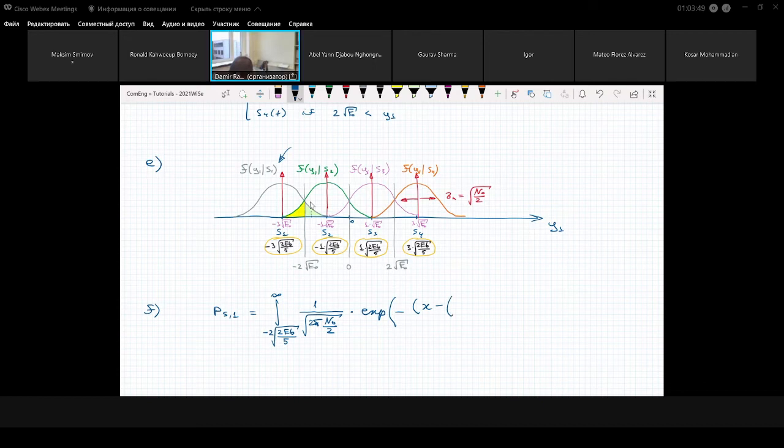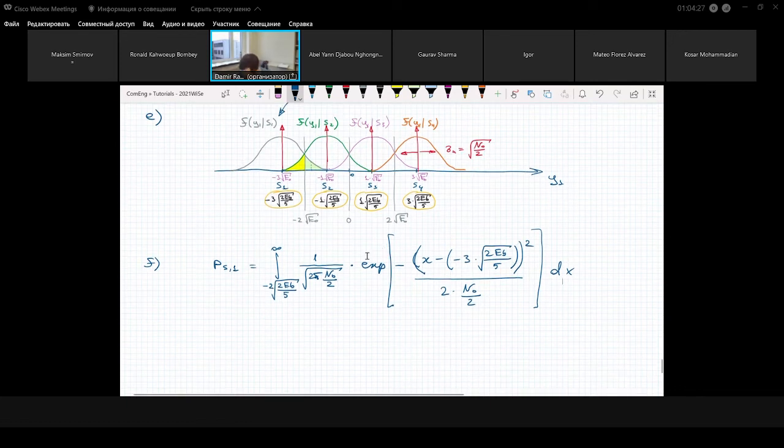So x minus 3 times the square root of 2 EB divided by 5, squared, divided by a denominator of 2 times the variance, and the variance is N0 over 2. This is our expression, of course times dx. This is our expression for the area under the tail after the threshold.